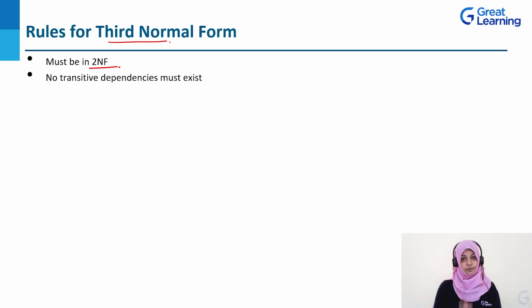The next stipulation here for any table to be in the third normal form is that there must be no transitive dependencies. We've already seen in the second normal form what functional dependencies are.